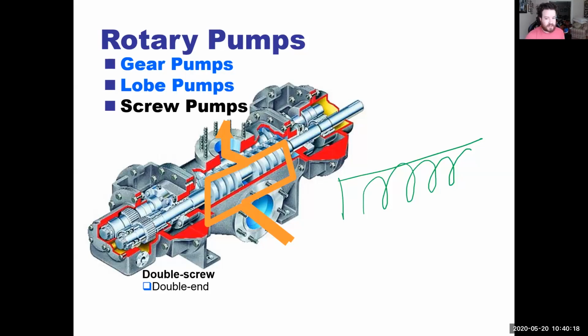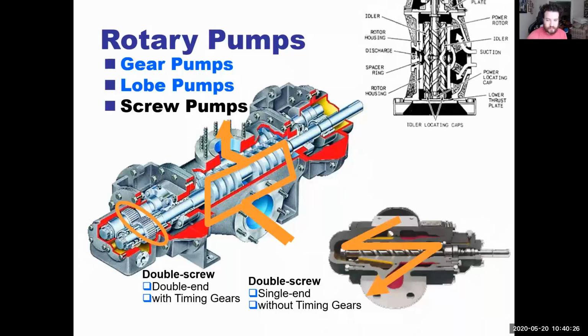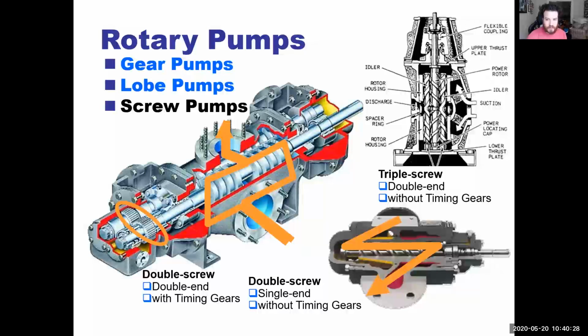That's how these things operate. So this is a double screw, double end with timing gears. This is a double screw, single end without timing gears. And then this is a triple screw, double end without timing gears.